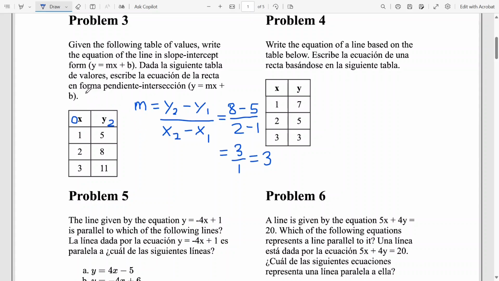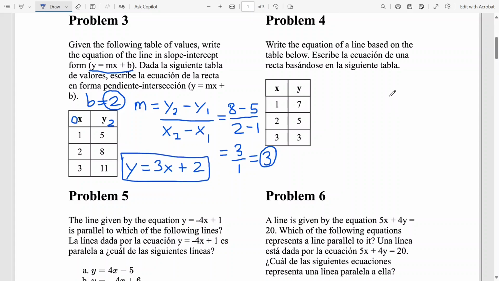So my y-intercept is 2. The b is 2. So again, we're going to follow this form y equals mx plus b. So now we've got m is 3, we've got b is 2. So we can write our answer as y equals 3x plus 2. And we're done with that one.